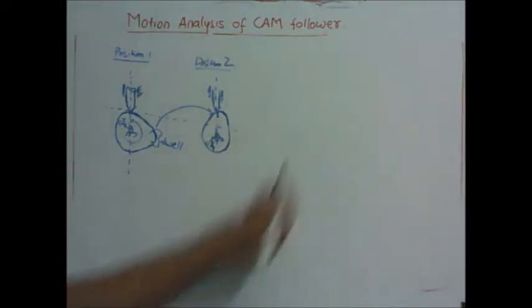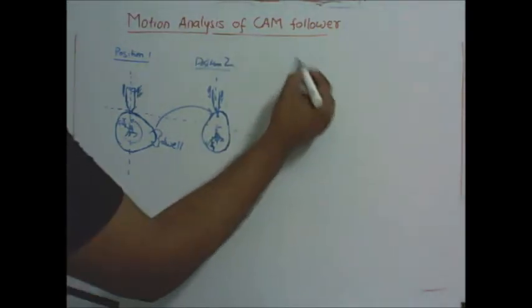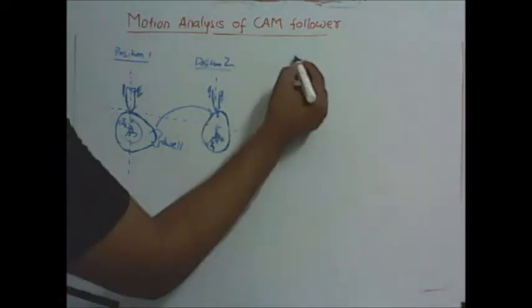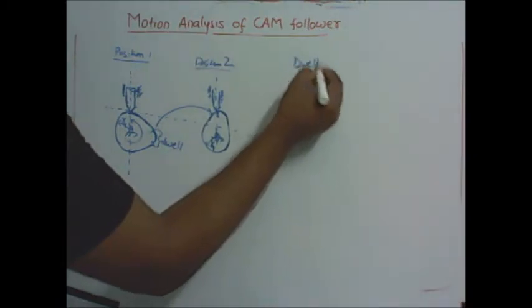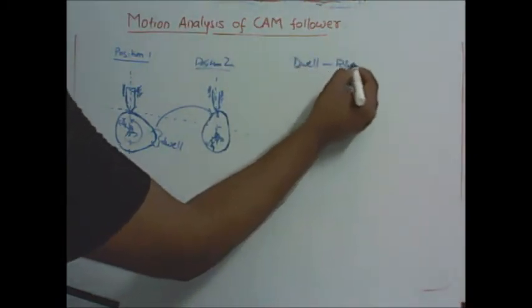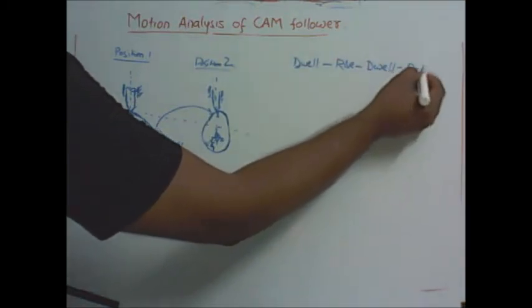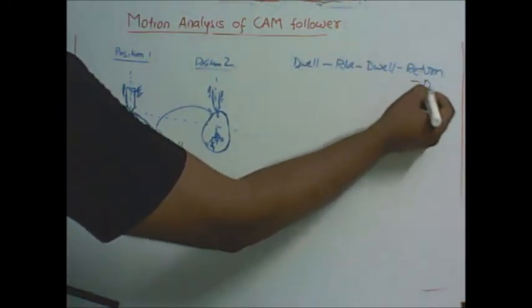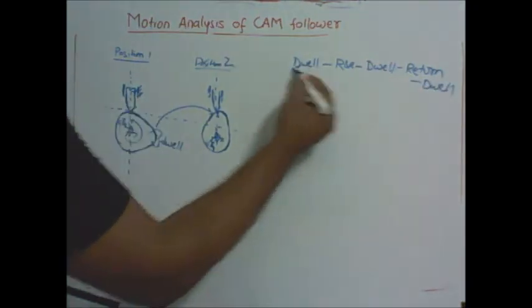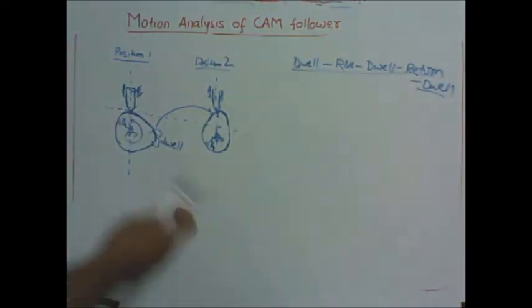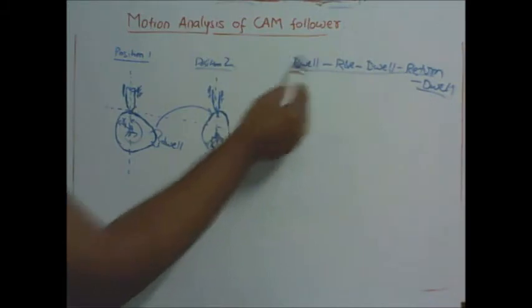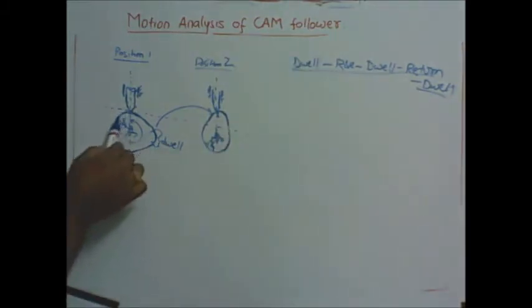So we know generally used cams are dwell, rise, dwell, return, dwell. Dwell generally occurs when a circular profile occurs.